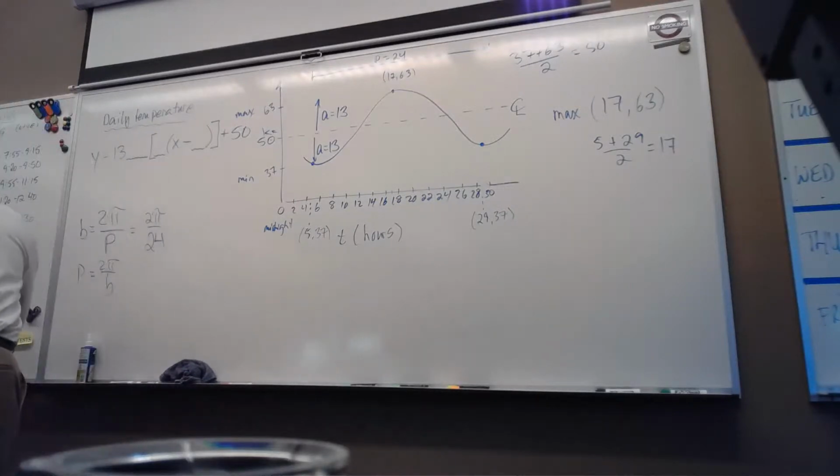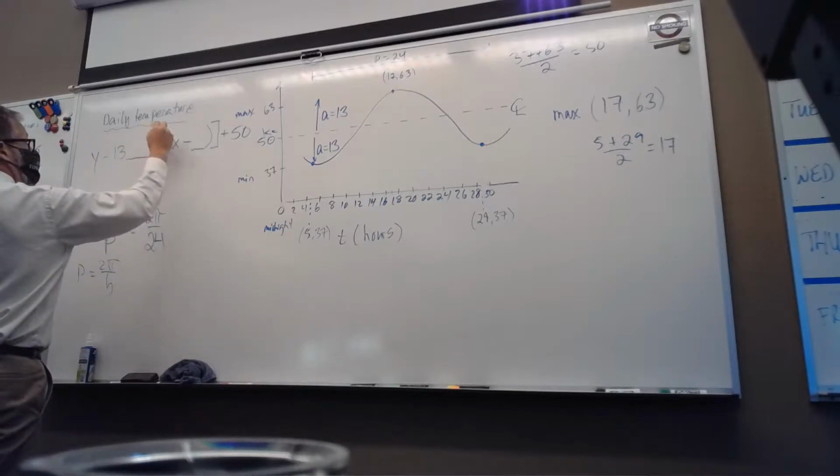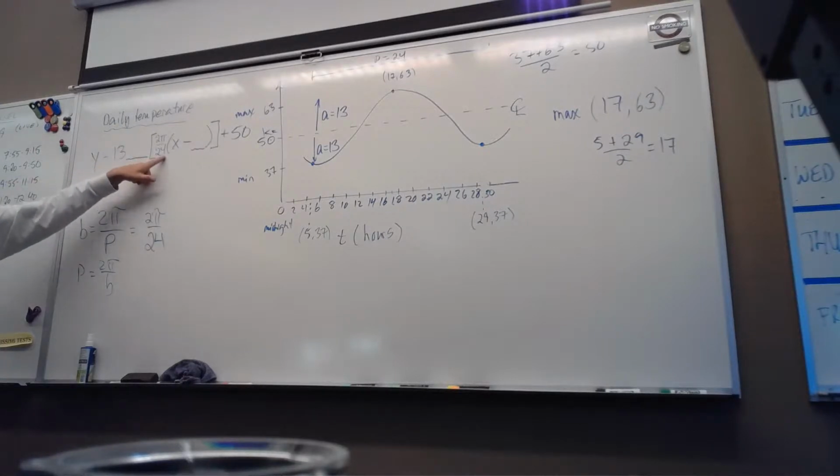If I were to write this equation as 2 pi over 24 and say to you, what's the period of this function? Wouldn't you be able to look right at that and say, oh, look, it's 24? The nice thing about just leaving it like that is that you can just look at that equation and say, this cycles every 24 hours.